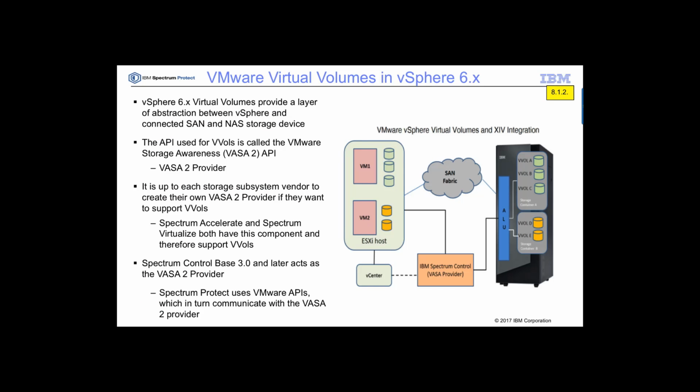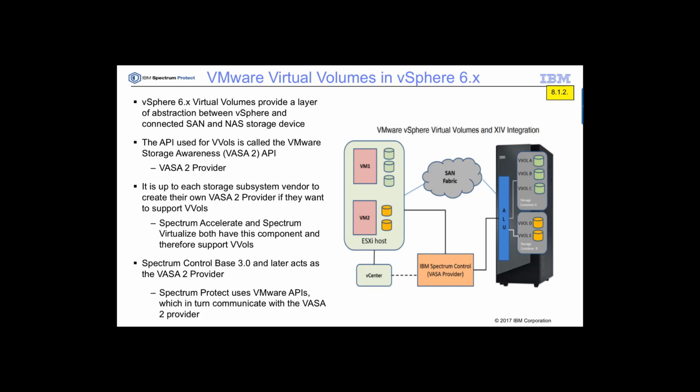Now, just to get started, a little background side. As you probably know, VMware introduced vVols at version 6.x, and those vVols are supported through a VASA2 provider, which is provided by the storage vendor to interface with the storage subsystem hardware.